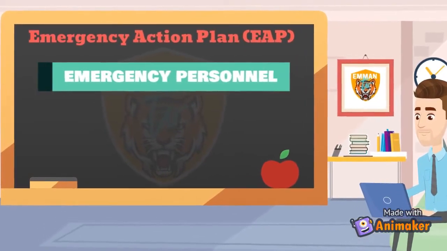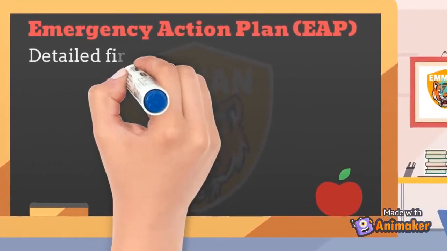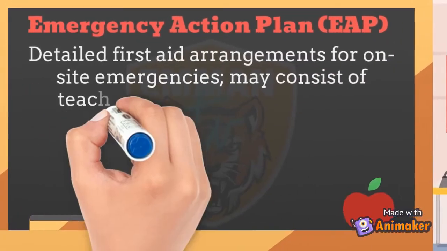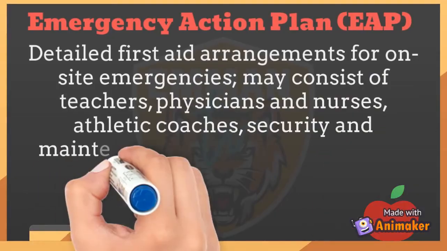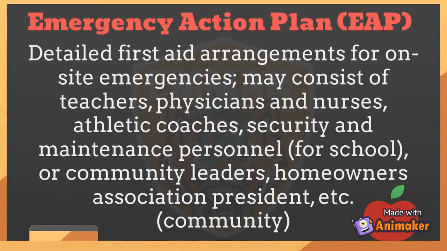Emergency personnel. It is a detailed first aid arrangement for on-site emergencies, and may consist of teachers, physicians, and nurses, athletic coaches, security and maintenance personnel, school or community leaders, and the homeowners association president for the community.